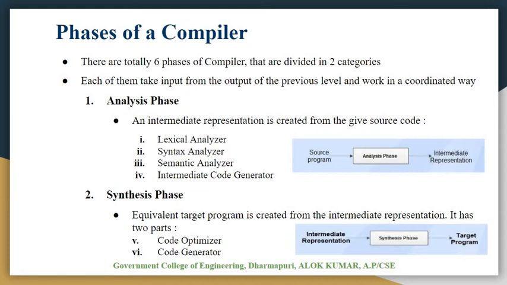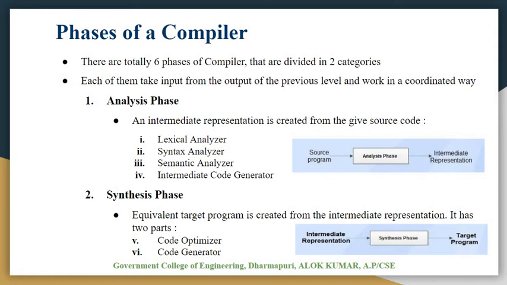So in the analysis phase an intermediate representation is created from the given source code. You can see from this diagram that in the analysis phase the source program is the input and it gives the intermediate representation as output. The second category is the synthesis phase.